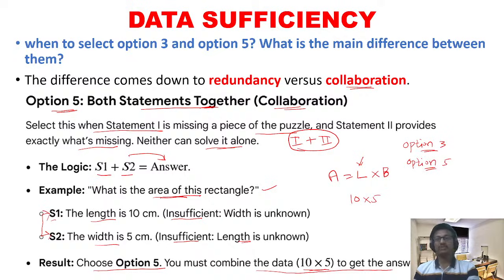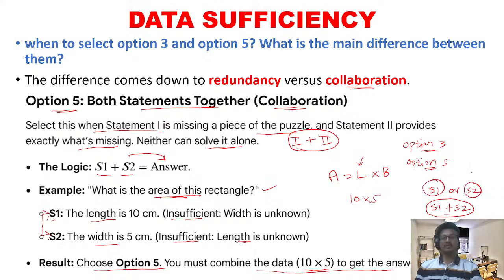Both seem to be the same, but if you understand the logic behind these two options: option 3 is S1 or S2, and option 5 is S1 plus S2, both together give you the answer. Here, either S1 gives or S2 gives the answer. Got it? These are the kind of questions and statements that will be asked.